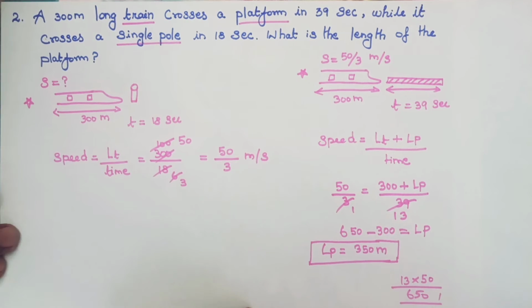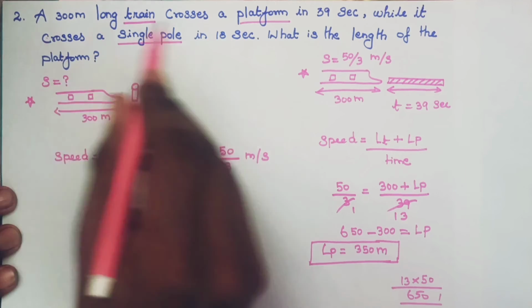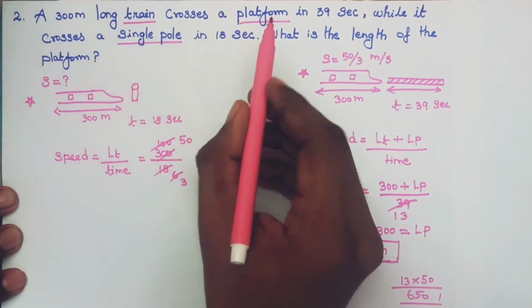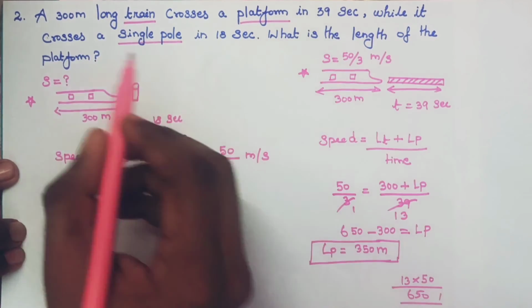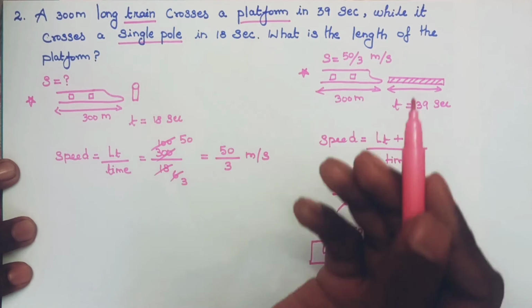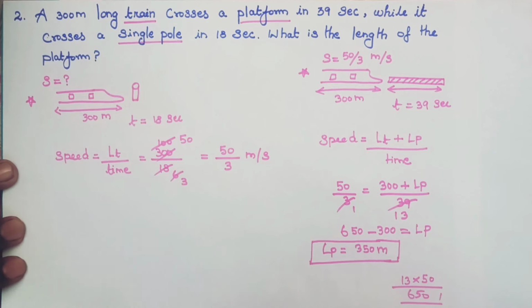So in the exam, what will you do? Just read out the question: a 300 meter long train crosses a platform in 39 seconds while it crosses a single pole in 18 seconds. First you take the point method. Speed of the train we don't know. Speed equals length of the train, 300, divided by 18. Simplifying this, you will get 50 by 3.